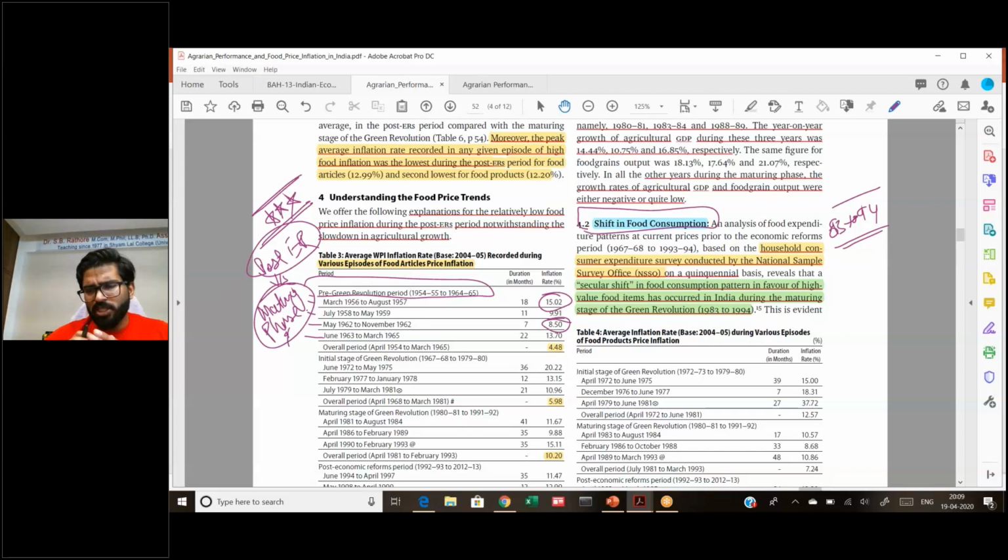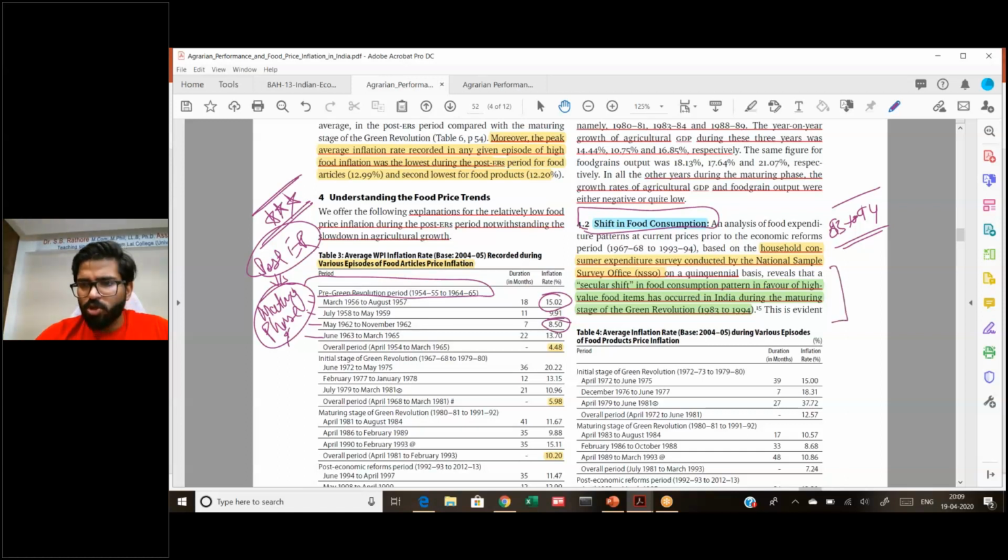There has been a consistent shift of the consumption pattern of people in India from normal cereals towards high value food items, high protein items.